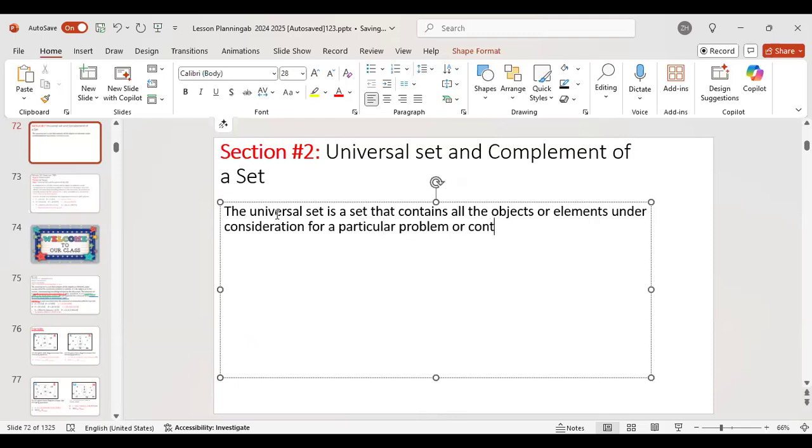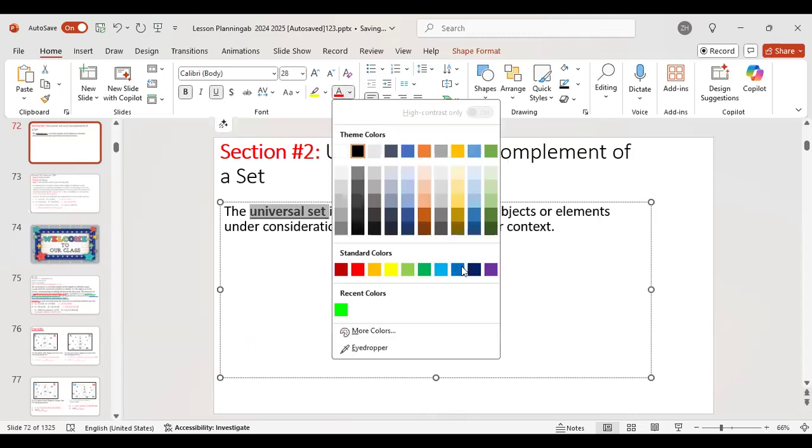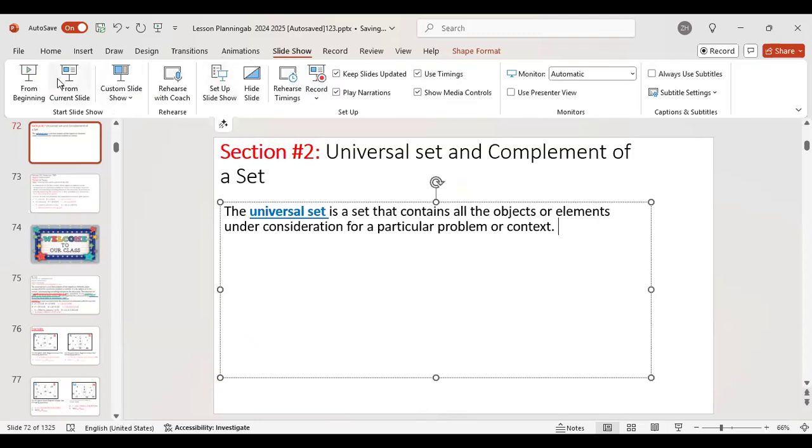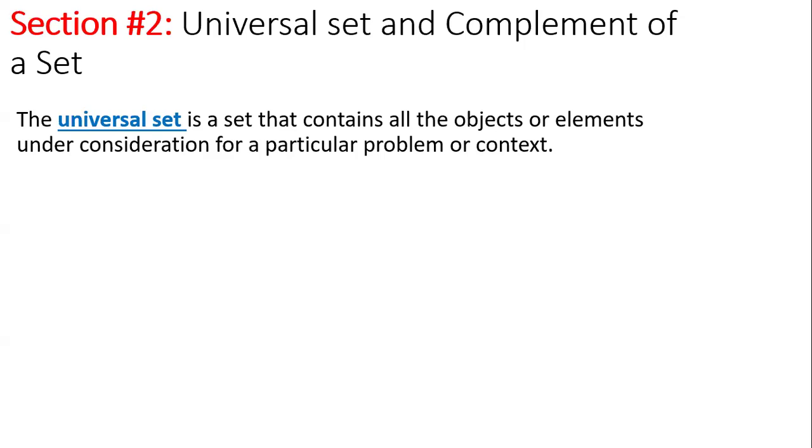or context. It is rightfully named. It's called the universal set. So you want to highlight that. It's rightfully named the universal set because it contains all of the elements related to the problem. Okay, so if you have a problem, the universal set is going to contain all of the numbers or all of the words or all of the letters that are inside of that problem.